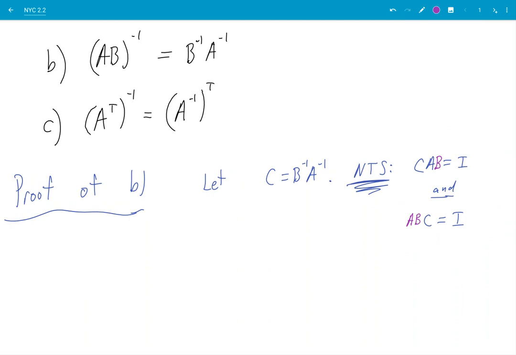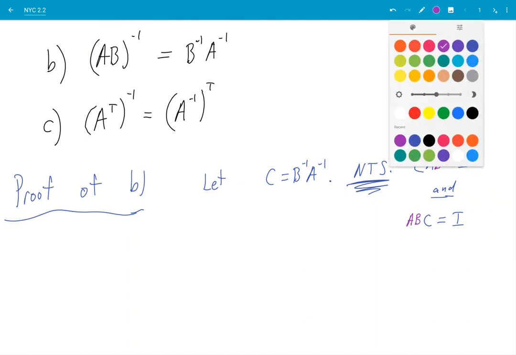I have to prove that this matrix here is the inverse of AB. That's what the claim is here. Okay, sorry about that.